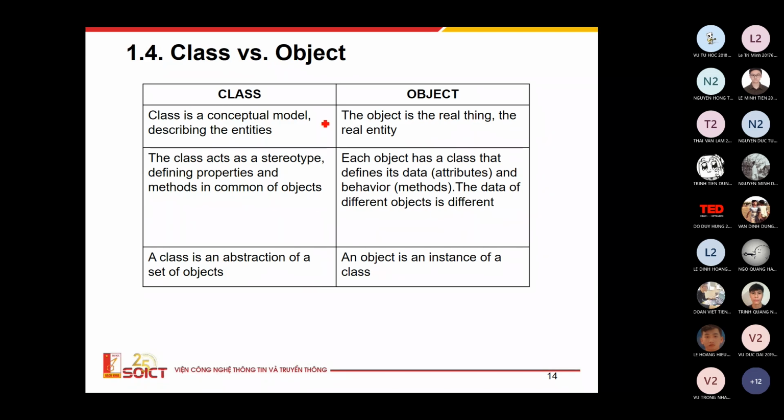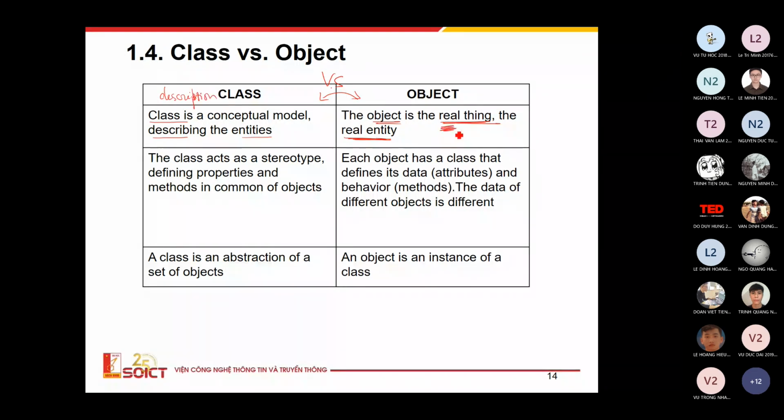Okay, and this is the result between class and object. We know that a class is a conceptual model just to describe the entity, and an object is the real thing, the real entity. One is just the conceptual description.